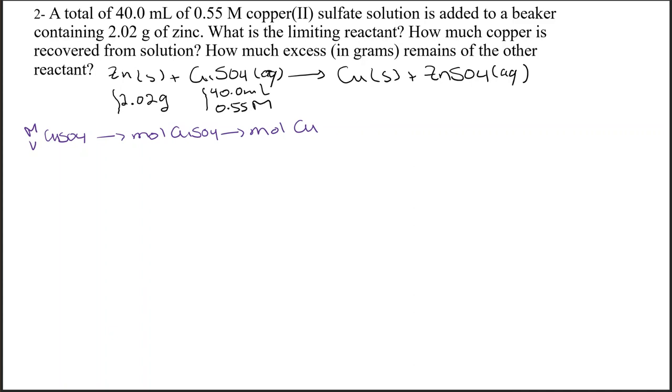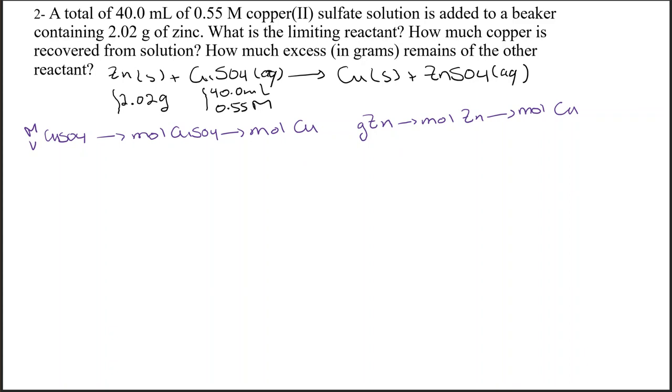And I'm going to do the same thing with zinc too. So from mass of zinc, I'm going to find moles of zinc and then moles of copper. Once I find moles of copper from these two calculations, I'm going to compare them in order to identify if zinc or copper 2 sulfate are my limiting reactants.